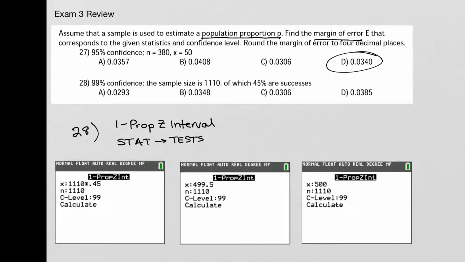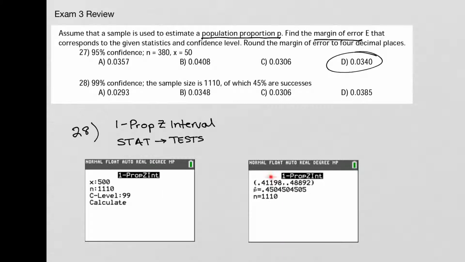So this is what I want to see right here before I go ahead and hit calculate, or go down to the bottom and press enter on calculate. And when I hit calculate, I get my confidence interval, which is 0.41198, comma, 0.48892.